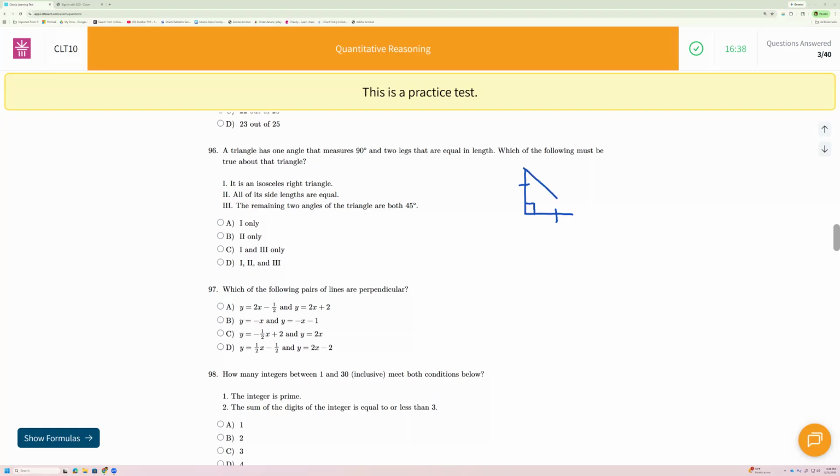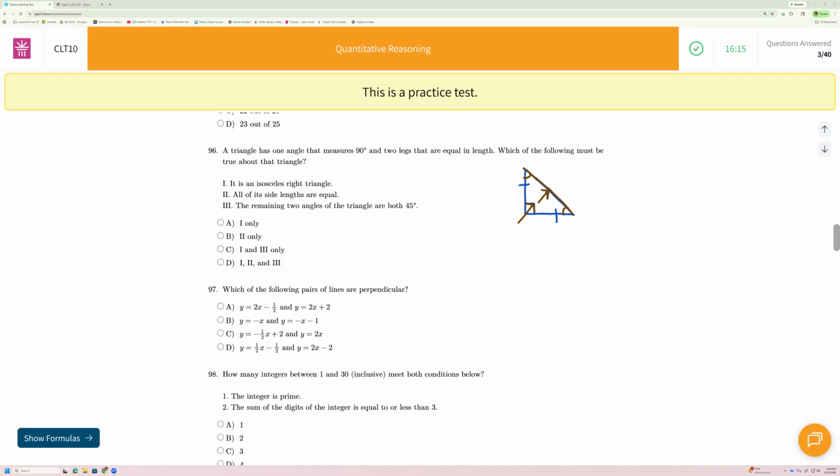The hypotenuse then has two angles that are also the same because they're opposite the legs. The hypotenuse is always opposite the right angle, like that. So that's the hypotenuse, and the other two are the same length.